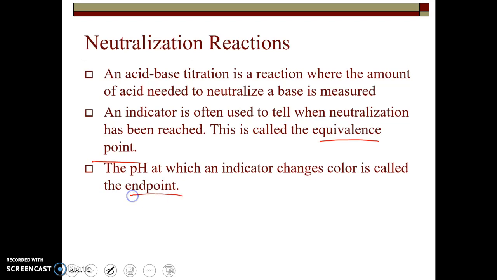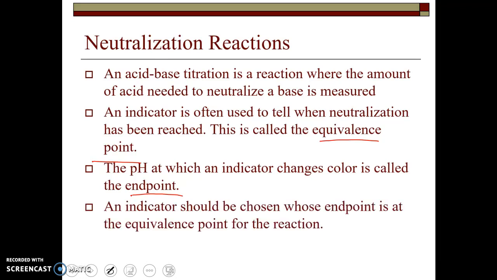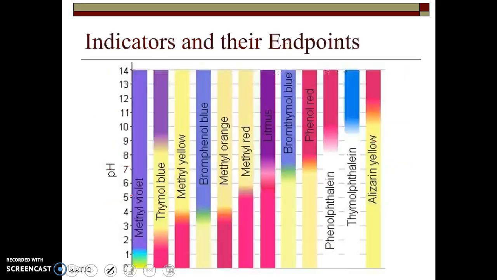We talked about indicators earlier, and we know that indicators have a certain pH level where they will change, and when an indicator changes, it's called the endpoint. So we want to make sure we choose an indicator whose endpoint is at the equivalence point, in other words, an indicator that will change colors when we have officially neutralized things. So we want to choose the proper indicator.